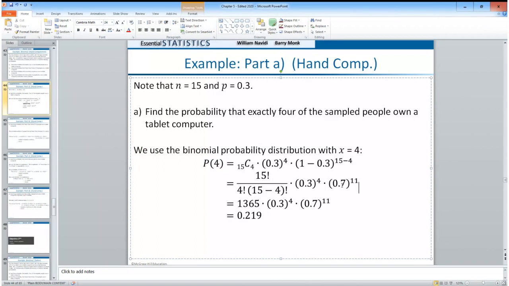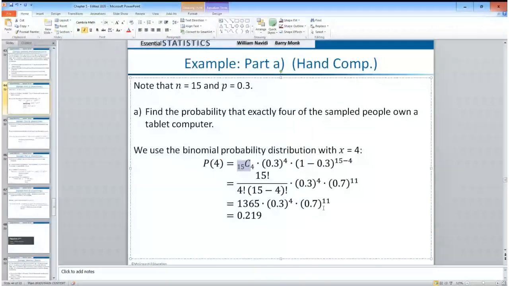So this means you want to find the probability that 4 have a tablet and 11 don't. This is the probability of a tablet. This is the probability of not having one. And then the number of ways this can be done is that combination thing. Going through all that is 1,365, and they don't tell us what these are, but when they all multiply, it comes out to 0.219.